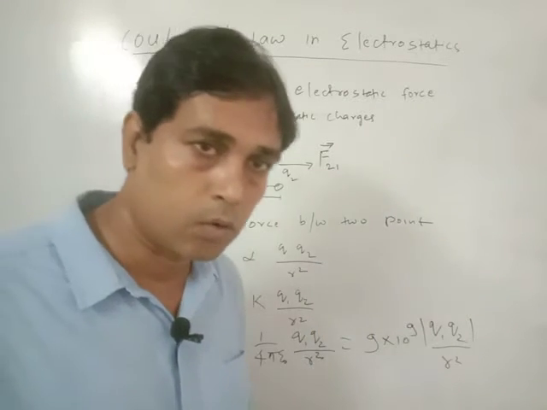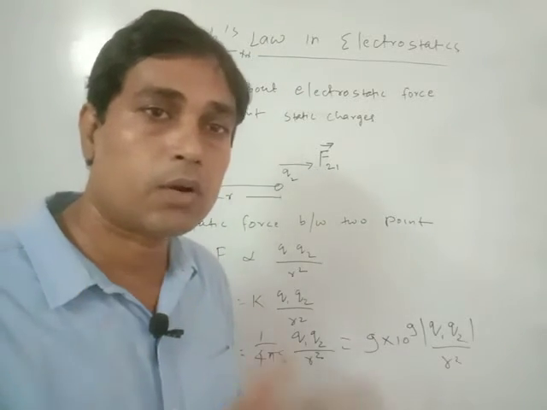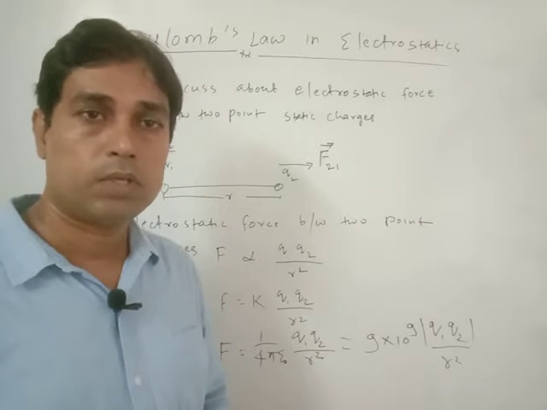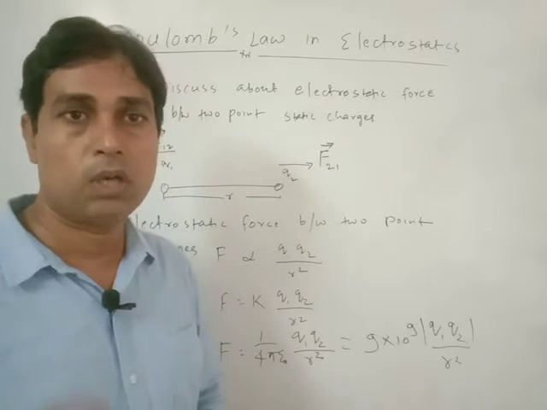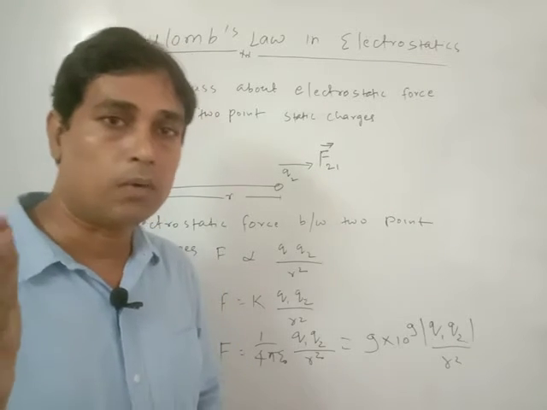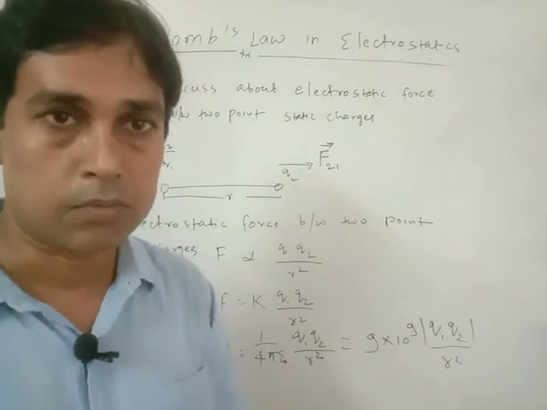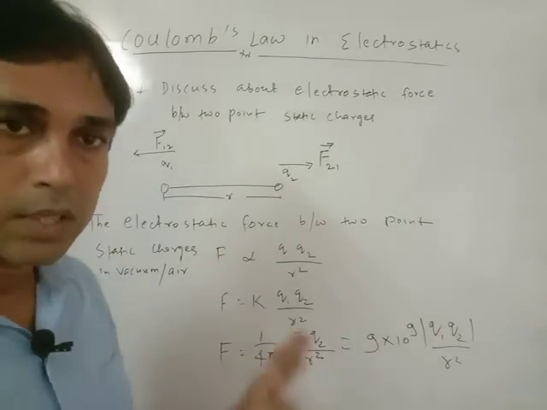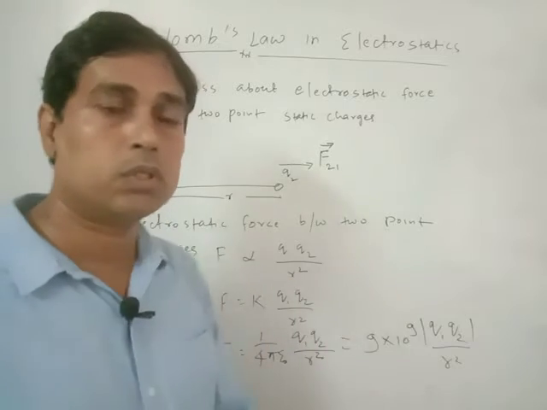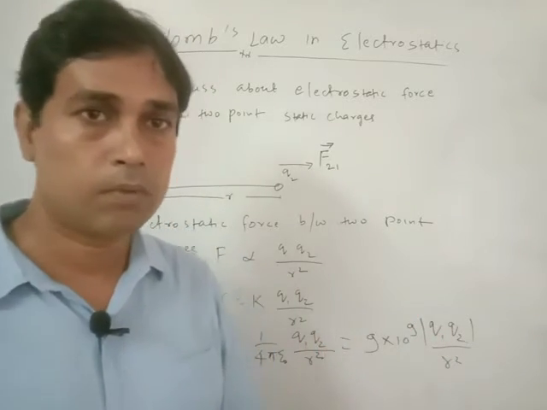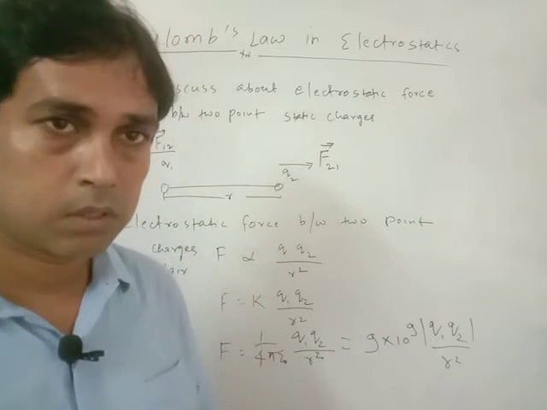We know the electrostatic force between two electrons separated by 10 to the power minus 14 meter is about 10 to the power 41 times stronger than the gravitational force. So we can say electrostatic force is a very strong force, and it is used in our daily life in electrical and electronic appliances.